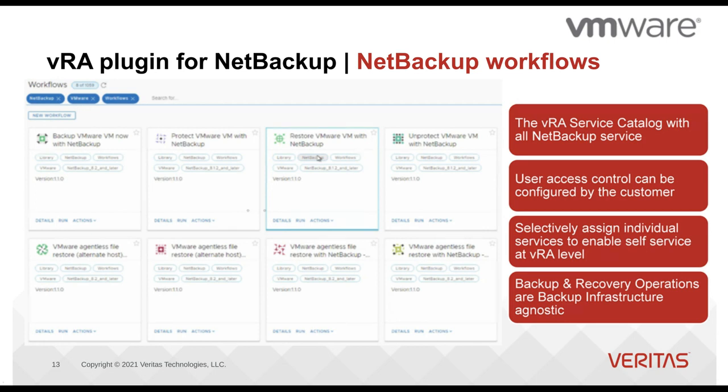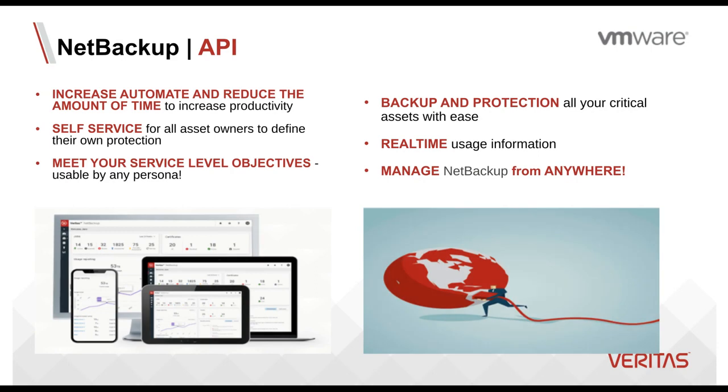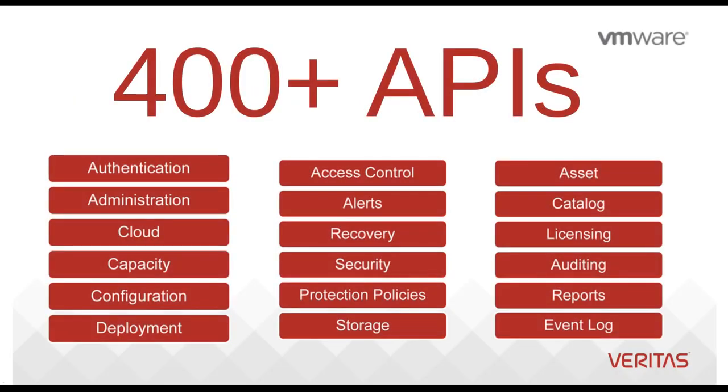So let's take a look at how we can do these. These are leveraged using the APIs that we have, and customers can also write their own infrastructure as code to perform their data protection objectives. We have a lot of APIs that cover all aspects of the product, but enough of the marketing speak, let's go into a quick demonstration.